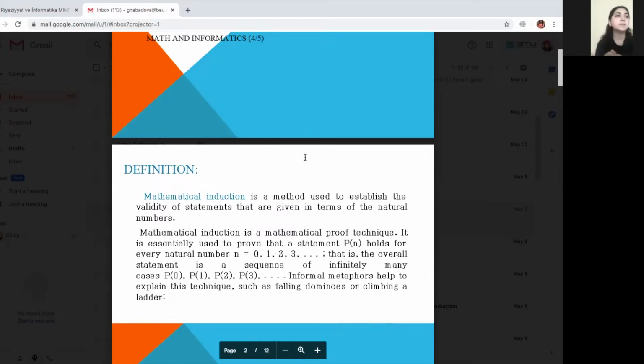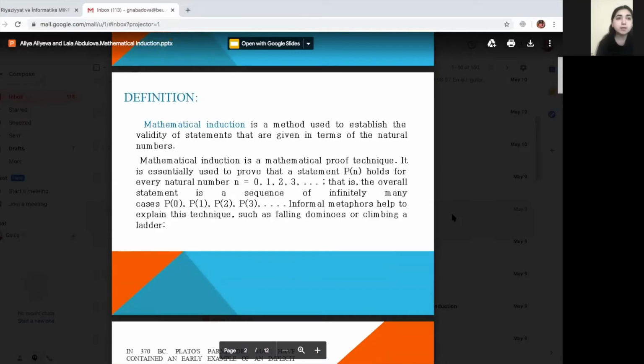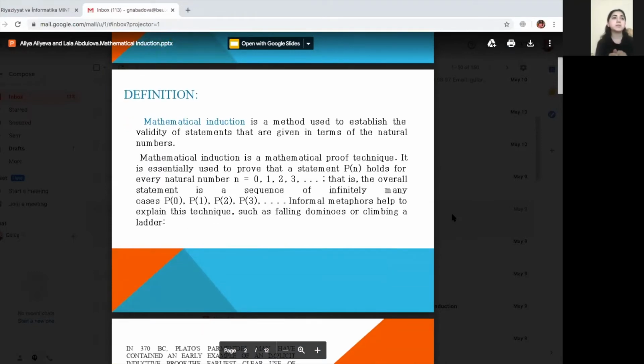We will talk about mathematical induction. Mathematical induction is a special way of proving things. We talk about its definition, history, and how it reflects on our natural life. What is the definition? Mathematical induction is a method used to establish the validity of statements that are given in terms of the natural numbers.